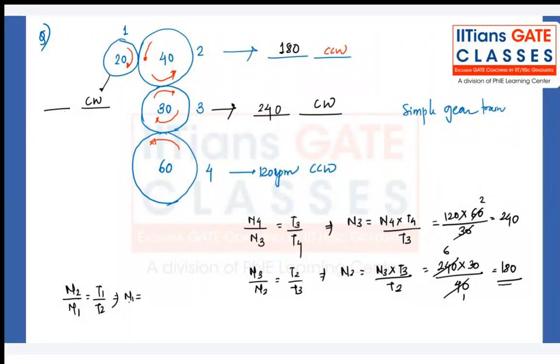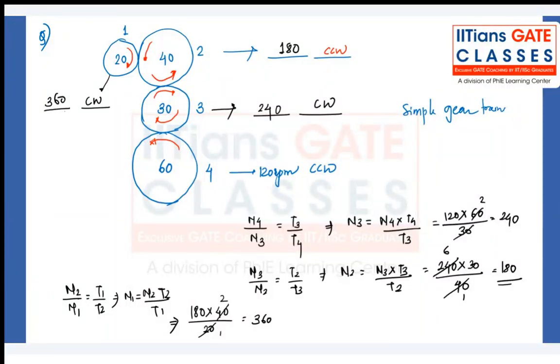This implies n1 is equal to n2 t2 by t1. So n2 is 180, t2 is 40, t1 is 20. So 360 rpm.